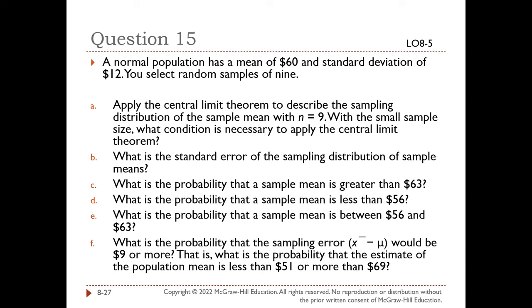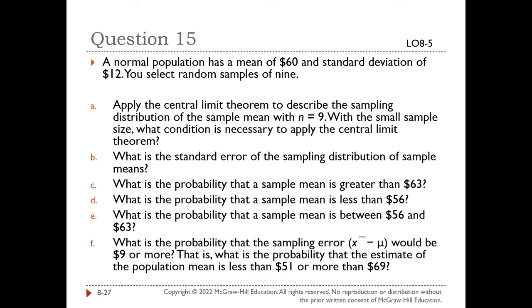F, what is the probability that the sampling error, x bar minus mu, would be 9 or more? Okay. That is the probability that the estimate of the population mean is less than 51 or more than 69. So, to figure this out, we would have to take the z-value of both.